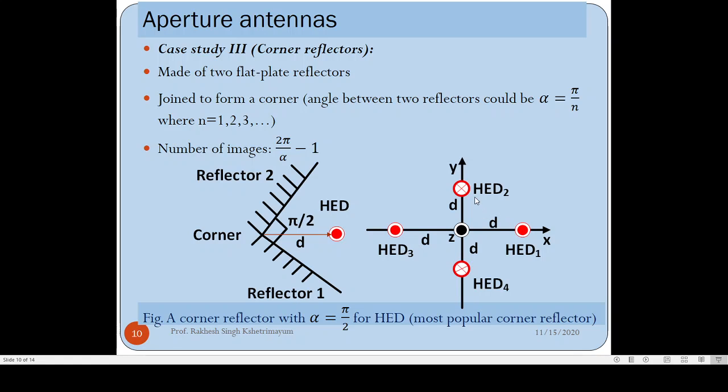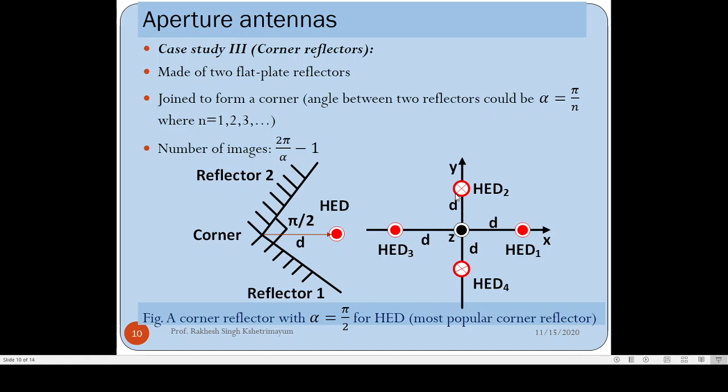The horizontal electric dipole 2 would be directed into the computer screen. Horizontal electric dipole 4 will also be directed inside the computer screen, and horizontal electric dipoles 1 and 3 will be coming out of the computer screen.